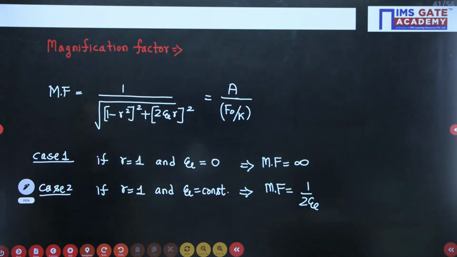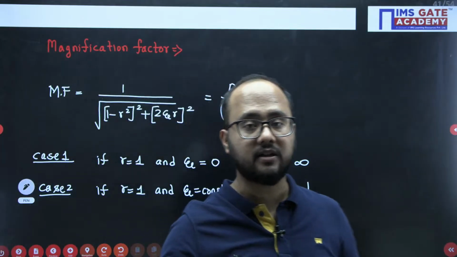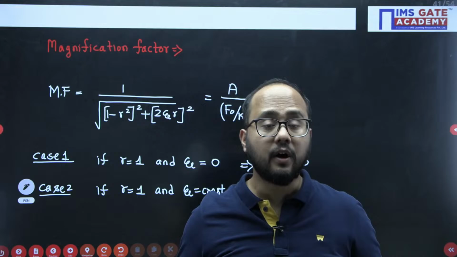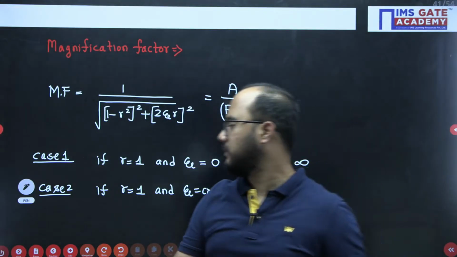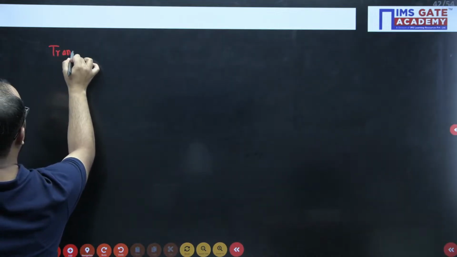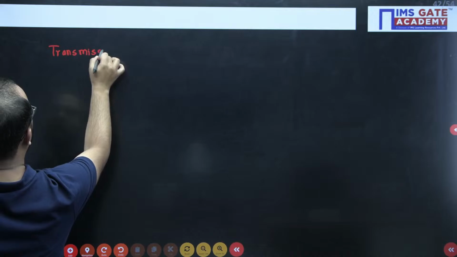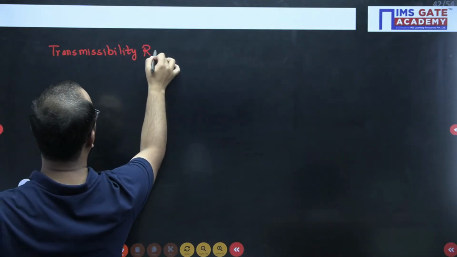Okay. So this magnification factor is a very important part, right? Now after that, what you need to remember is the transmissibility factor, the transmissibility ratio basically.